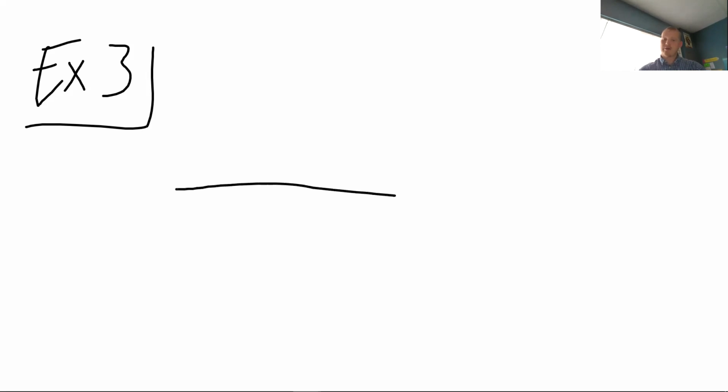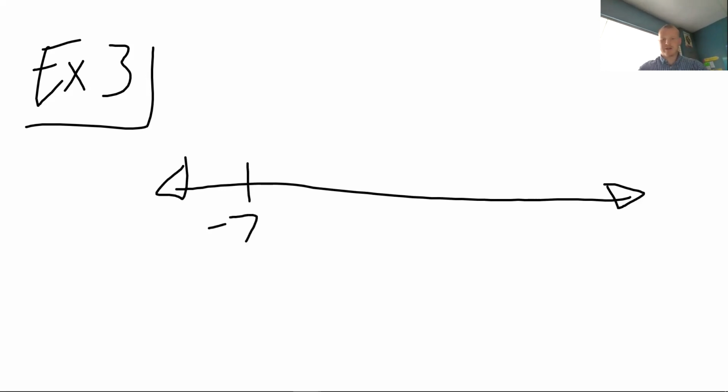So all I would do is draw out a number line, and all of the points that they just gave me, I'm going to plot them on this number line. So from -7 all the way to +7. In the middle, I got a 0. So 1, 2, 3, 4, 5, 6 on each side. First number I have was +1.